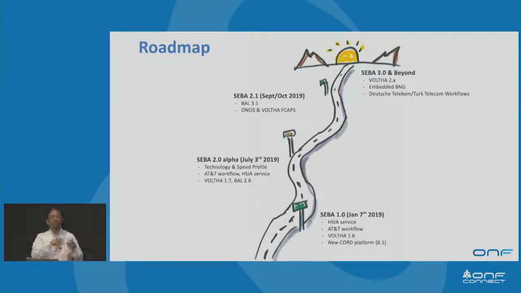But when that makes it into SEBA and when we do a proper release, I'm not sure yet. And that's why there is no date. And that's why I just listed the three most important things that I see. And your feedback is good about the embedded BNG. When we talk about that, you'll see that there are lots of incomplete functionality, but there are some things that we are working on.